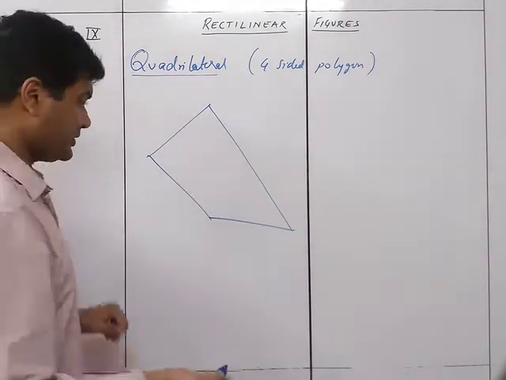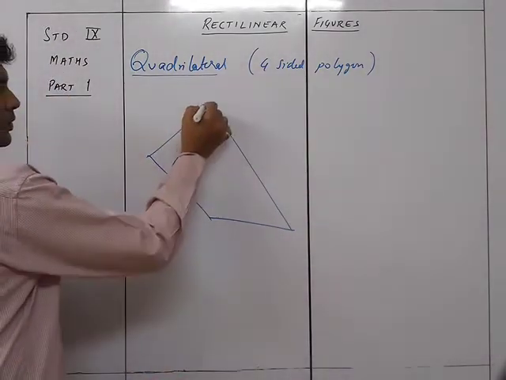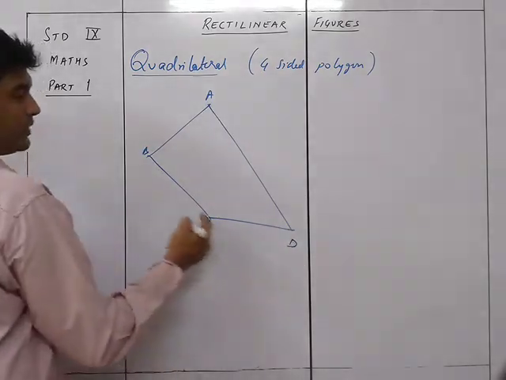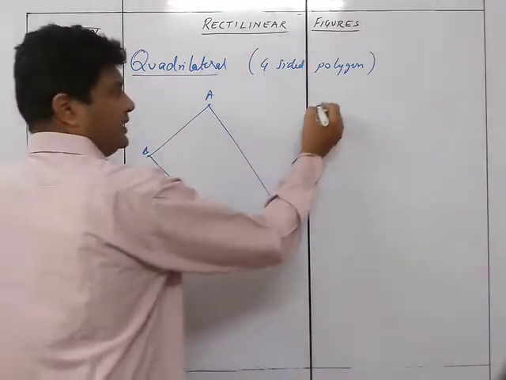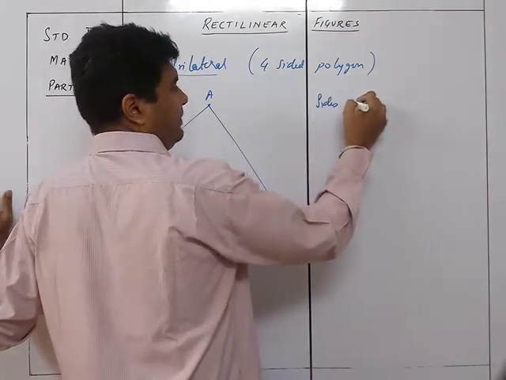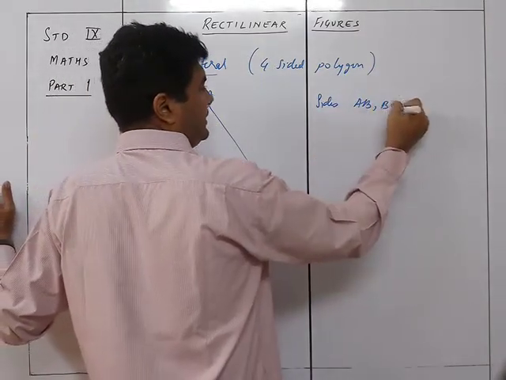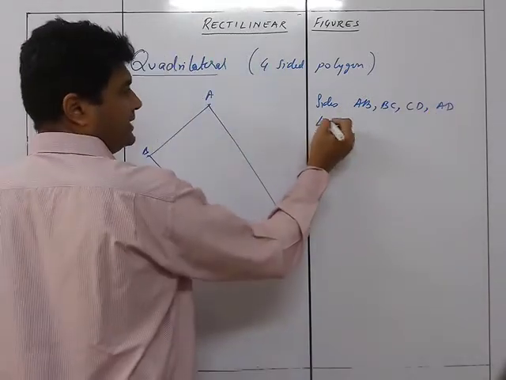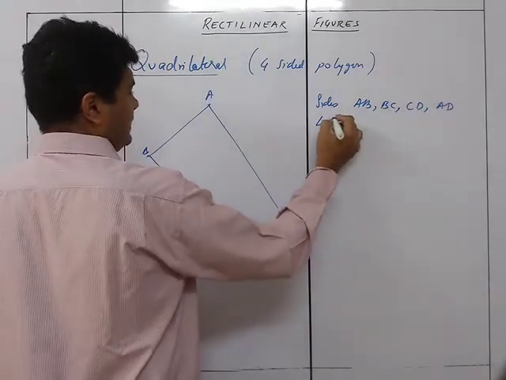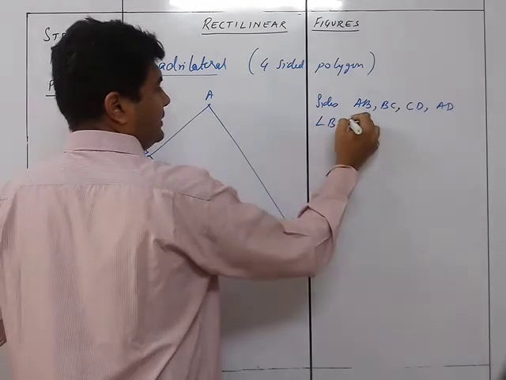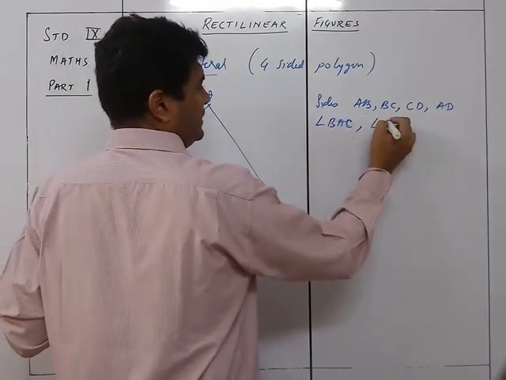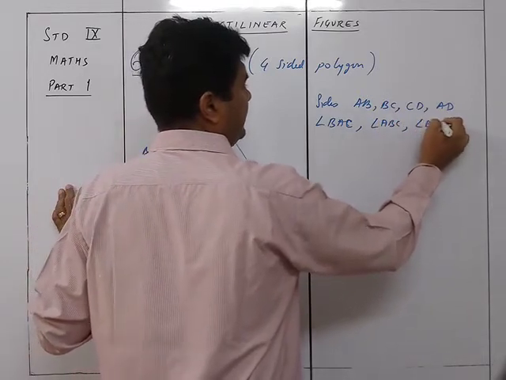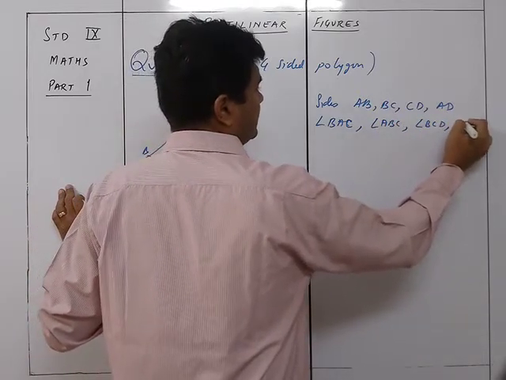Now over here, A, B, C, D, the sides are AB, BC, CD, AD. The angles, of course, are angle BAD, angle ABC, angle BCD, and angle CDA.